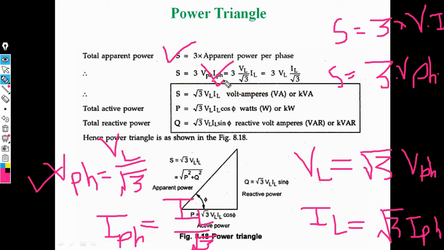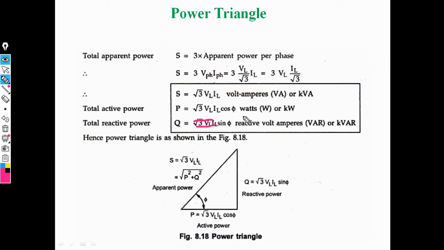Then 3 into VL upon root 3 into IL upon root 3.